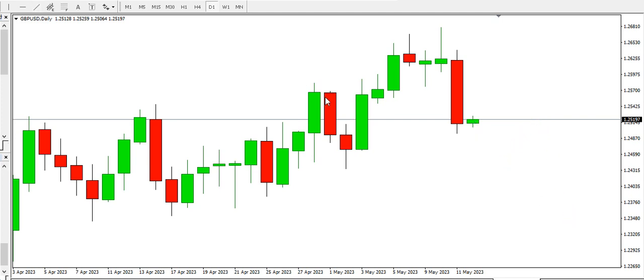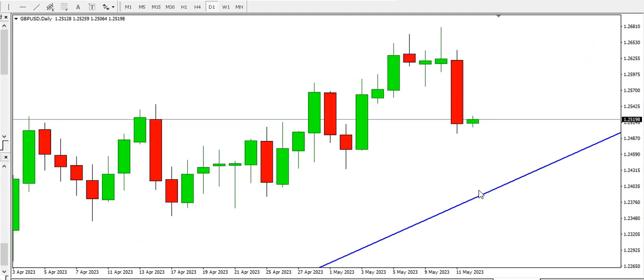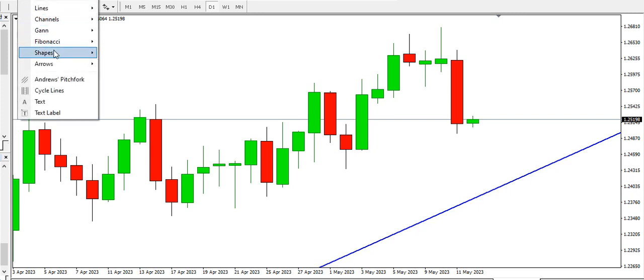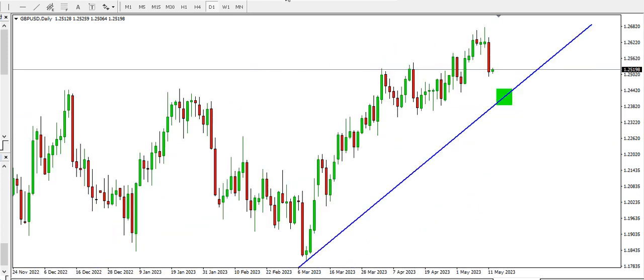But looking at the daily time frame, let's see the structure. The structure on the daily time frame is still bullish. It's still a bullish structure. We need to see if this trend line can be broken, then we might see the bears reversing price. Price might reverse if this trend line gets broken.